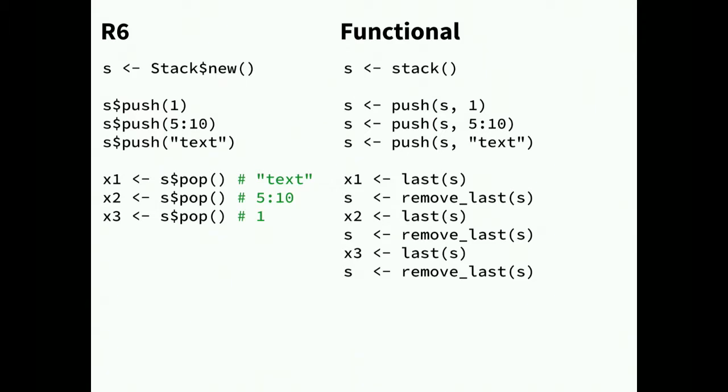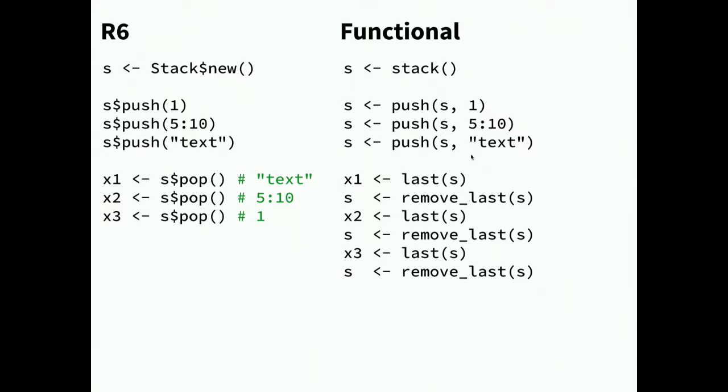And if you were to do this with functional programming, you might have a function stack that creates a stack object, and you save it in s. And then when you want to add things to it, you'd have to say push(s, 1), and that doesn't modify s in place, so you have to save that back in s. And every time you push things, you'd have to do that.